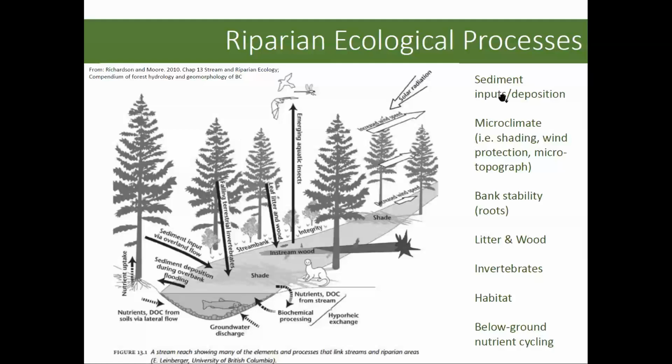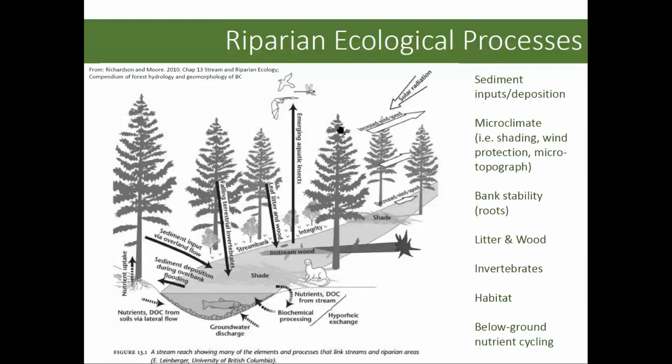And so again, there are zones where there's a lot of sediment inputs and deposition. There are unique microclimates, as well as the importance of bank stability from large wood or plants that are rooted along the banks. The importance of litter and wood for the whole aquatic ecosystem is also significant.